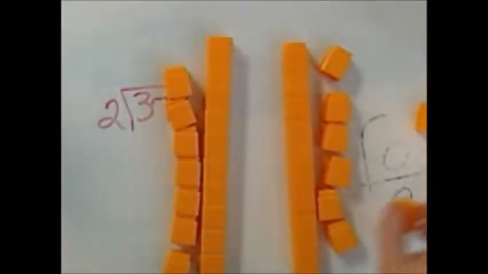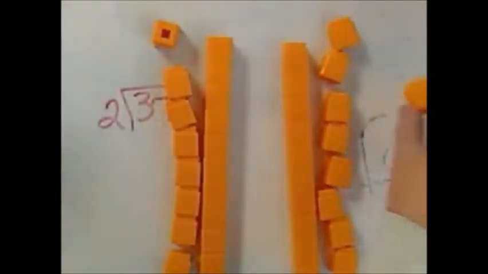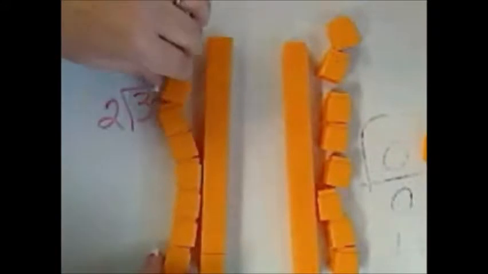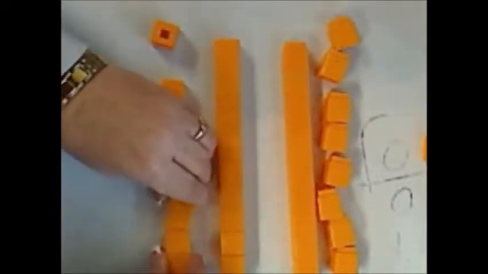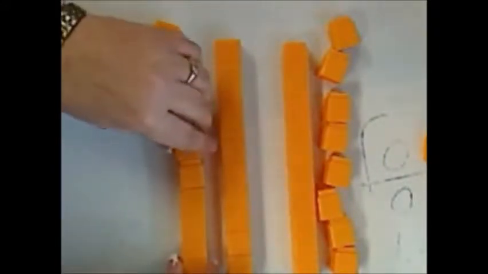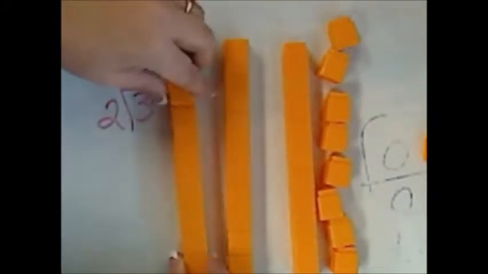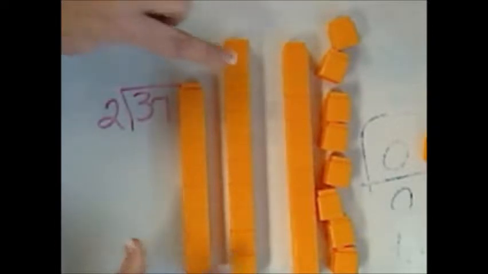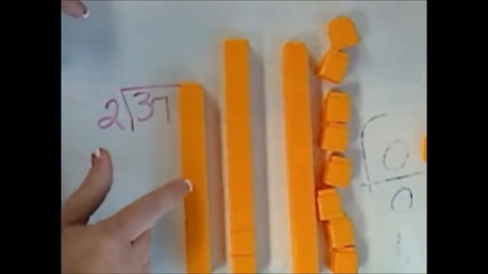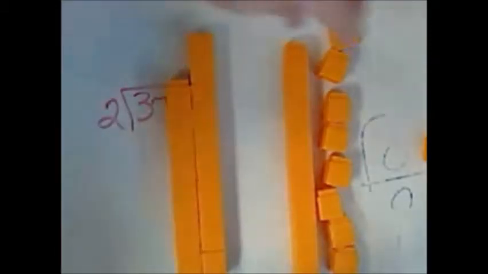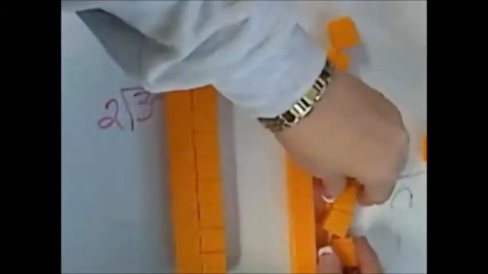I keep going, and then this one I can't put because I only have one, so I don't have enough for each. So I'm going to put them together, and I'm going to see how many I have in each group. You're going to remember this is 10, 11, 12, 13, 14, 15, 16, 17, 18. I have 18 right here. Then I'm going to put these together.